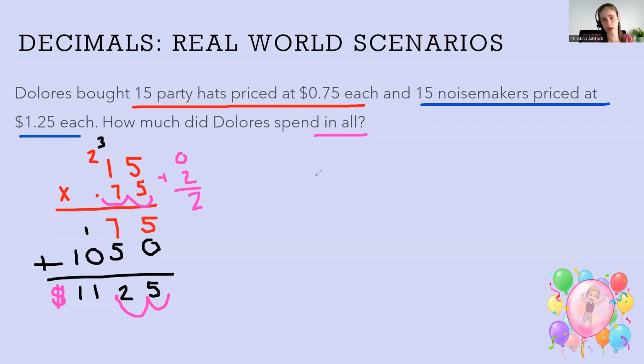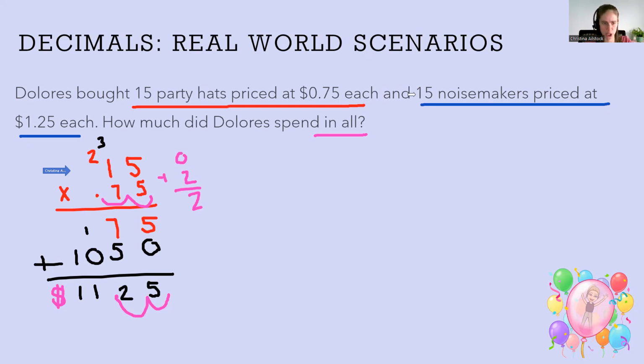All right, this time around, it actually matters which number we put on top. In our first one here, when we did the party hats, because we can rewrite the 75 cents as just 0.75, we have 2 digits in each number. So same number of digits, doesn't matter which one goes first, which one goes second.